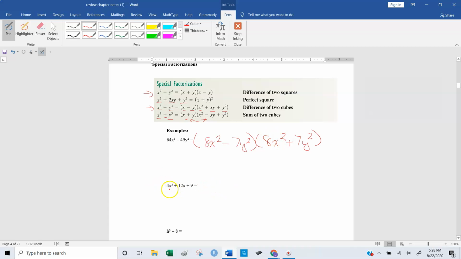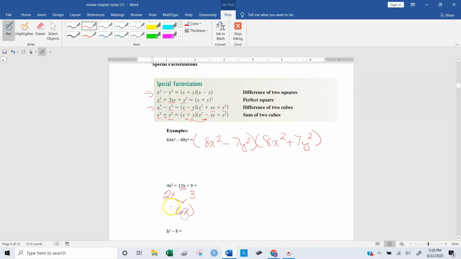Okay, next one. So I know it's not a difference of squares. It's definitely not a cube. So the only thing it could possibly be is a perfect square. So let's check. Okay, 4x squared, is that a perfect square? The answer is yes. So that's 2x. Is 9 a perfect square? The answer is yes, it's 3. Now we have to check if I can get that middle term. To do that, I have to multiply these together, which gives me 6x.